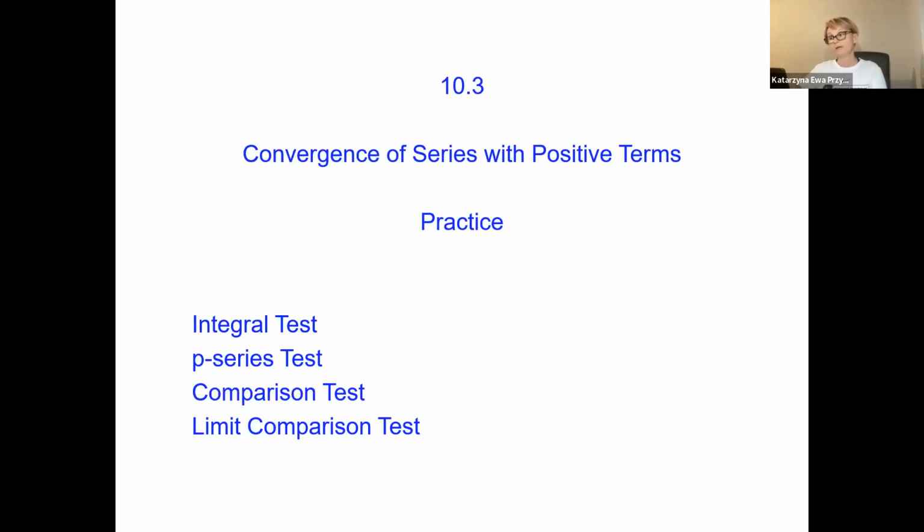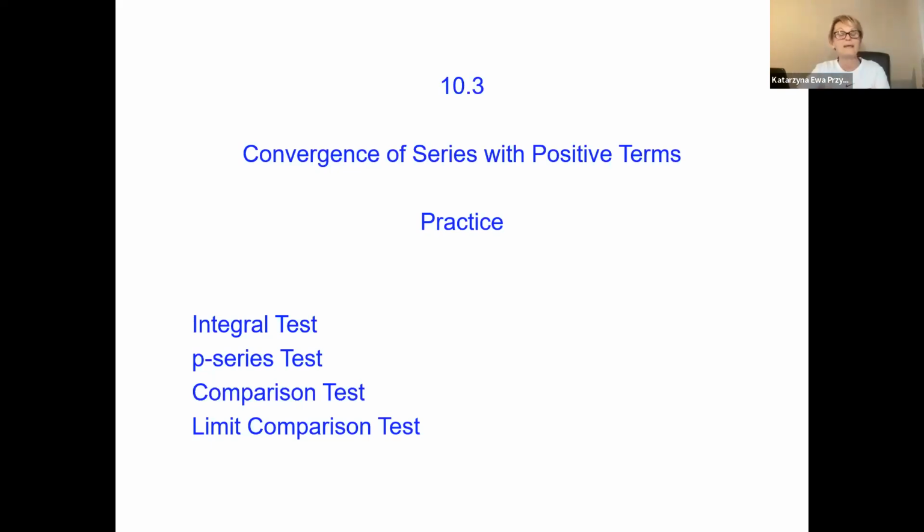What we learned in section 10.2, that was the introduction, and we also learned one of the important types of infinite series, which was the geometric one. The geometric one is quite straightforward, because as soon as we identify it, we can find the common ratio. And if the common ratio is between -1 and 1, we know that the series is convergent, and we have even the formula to find the sum.